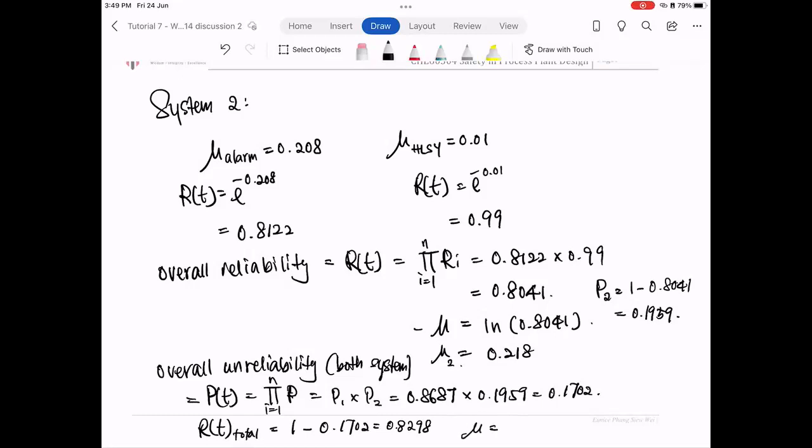And so mu equals negative ln 0.8298, which is 0.1865. Okay, so that is the mean number of faults per year.